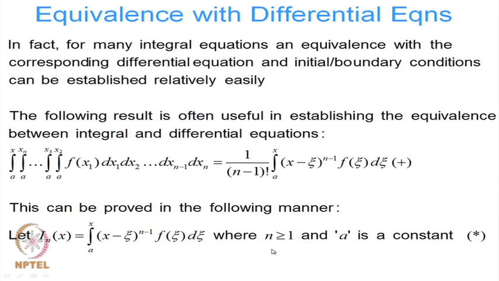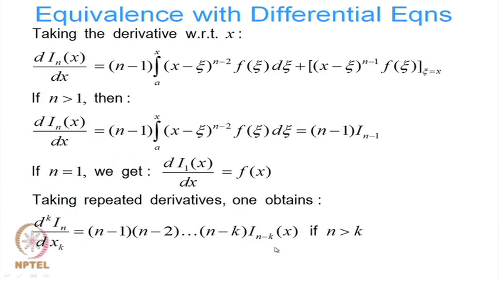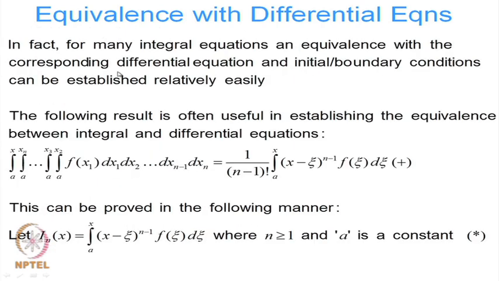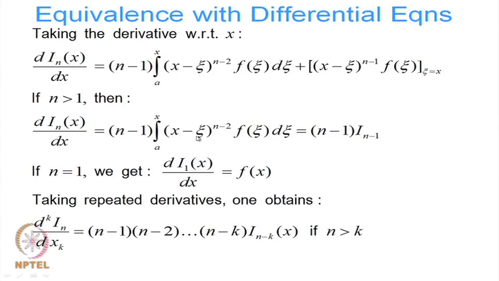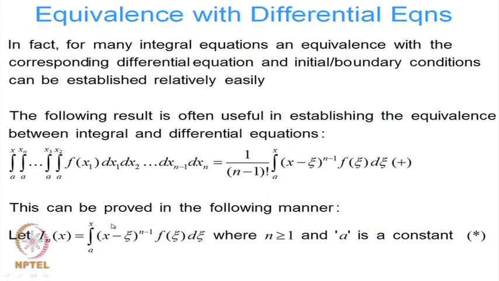So if I define it like this, and then if I take the derivative with respect to x, what do I get? If I take dI_n/dx, I am going to get (n-1) times the integral of (x - xi)^(n-2) f(xi) d xi, right? And in addition I will have this term. Why will I have this term? Because my integral has a variable upper limit.